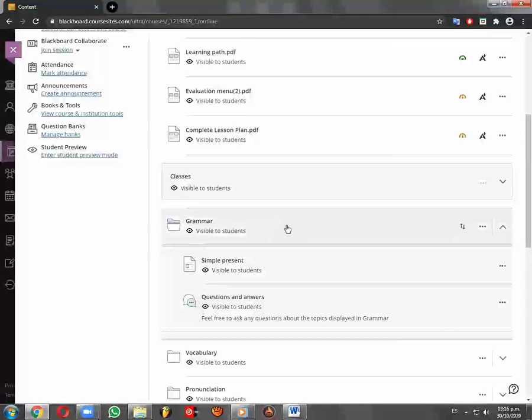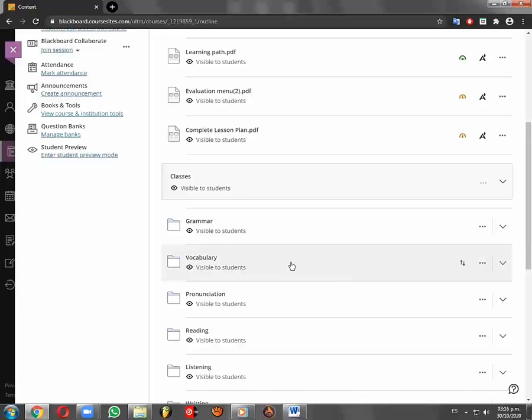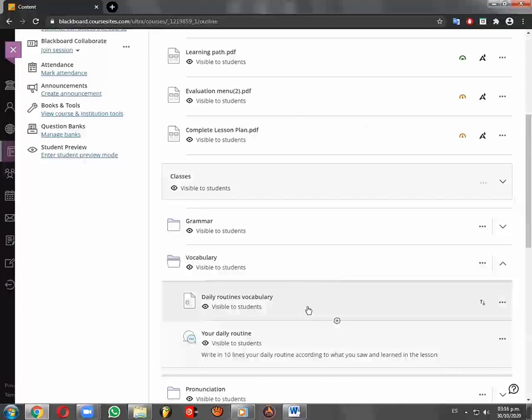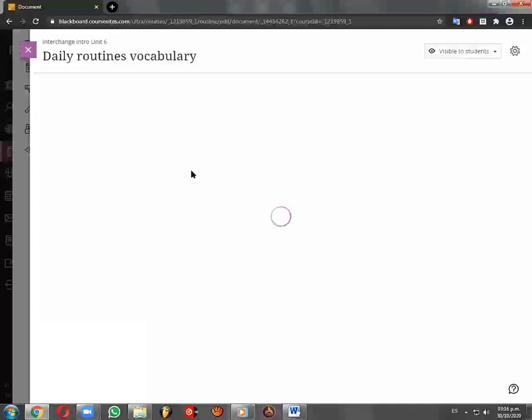We can now see the vocabulary section, the daily routines.